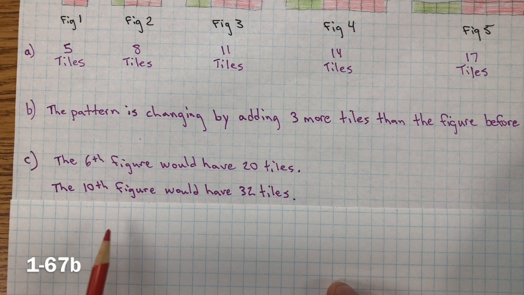But when we get into problems where it's saying find the 57th figure or 139th figure, it would not be practical to count all the way up to that figure. So eventually you're going to want to figure out a rule for that.